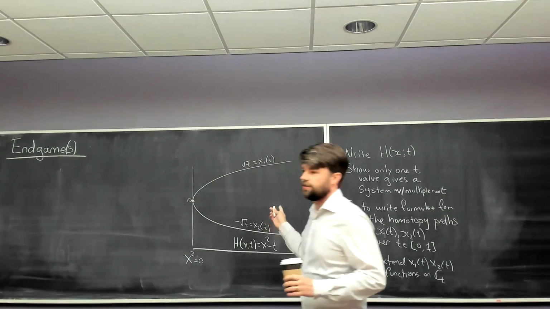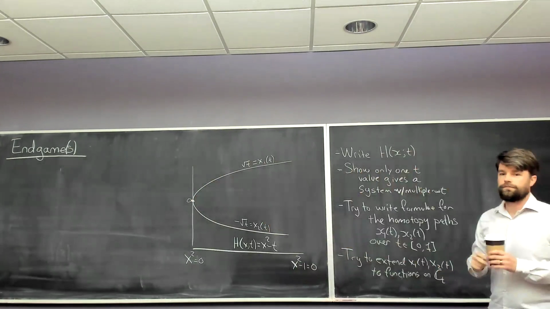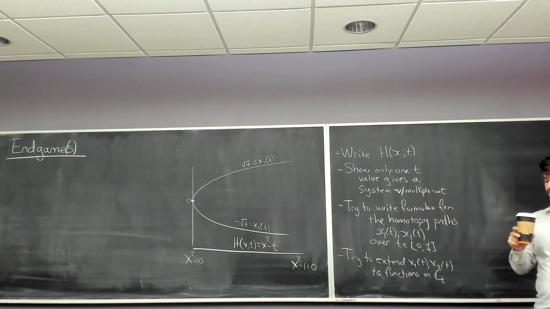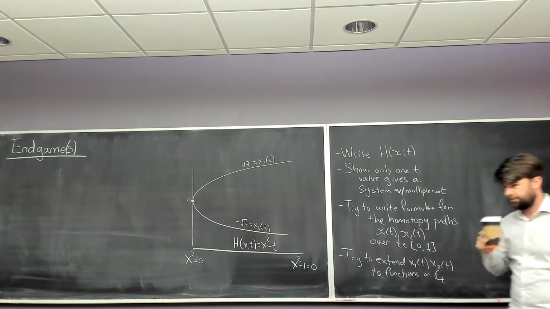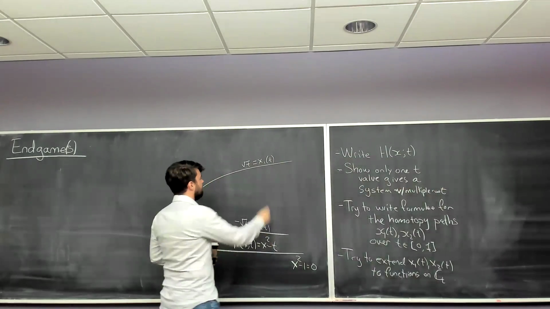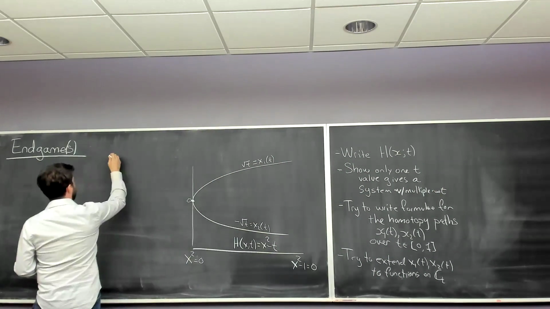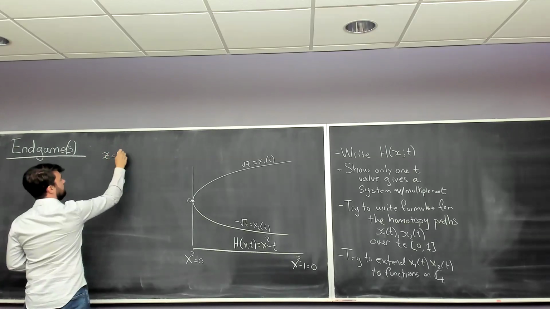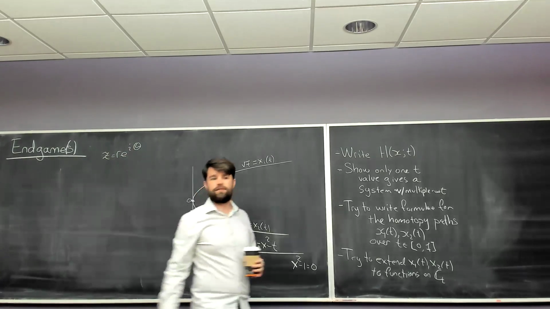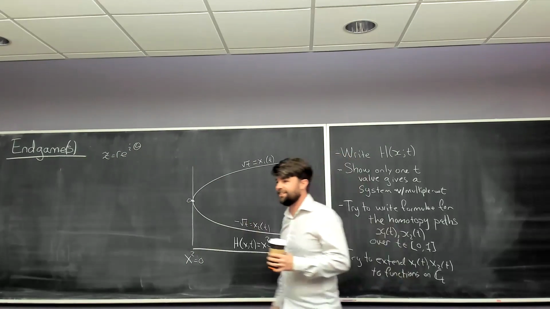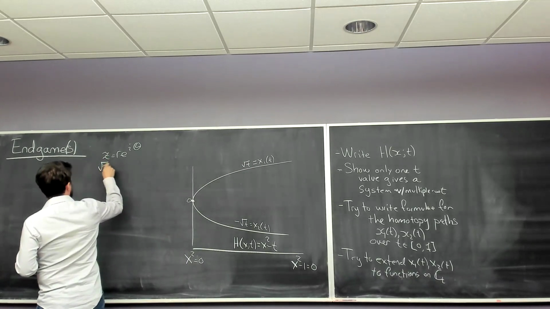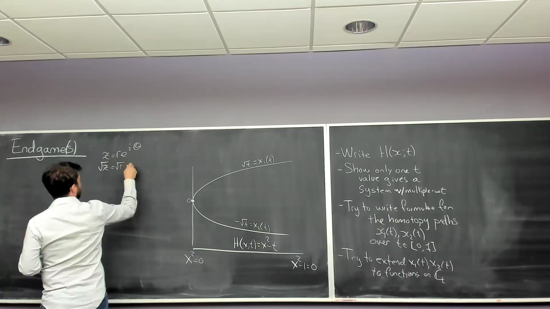Can you extend these functions to functions over C? Let's try. If I'm writing complex numbers with some modulus and some angle in the complex plane, and I want its square root, I might be very tempted to write this.